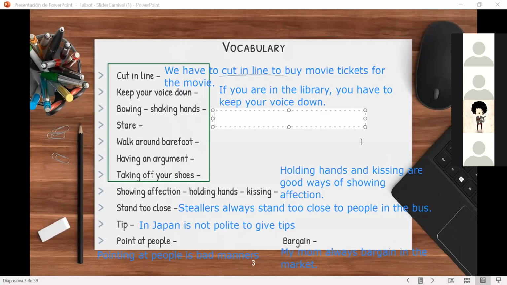So. Okay, maybe let me see. Anderson, do you have your example yet? Who wants to say something? Excuse me, teacher. Okay, Anderson, do you have your sentence with bowing or shaking hands? ¿Ya tienes tu oración con estas expresiones bowing or shaking hands?